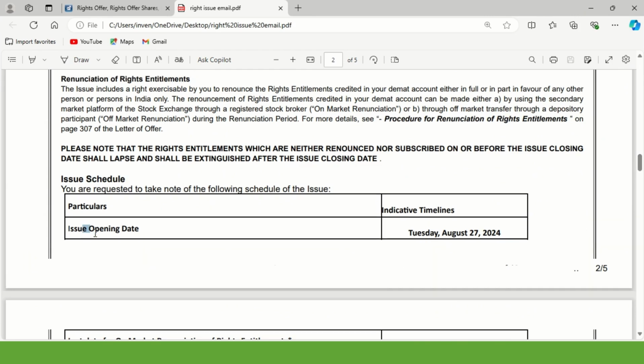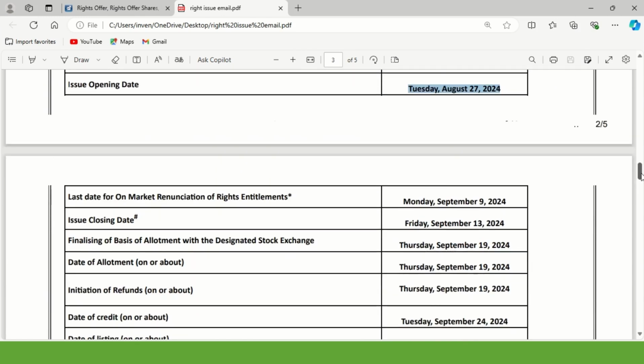From here, the issue opening date they mentioned is August 27. On this 27th, the respective 1705 shares will be credited to our demat account, for the existing shareholders.